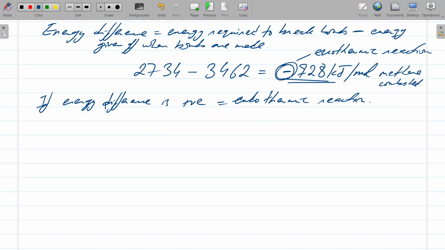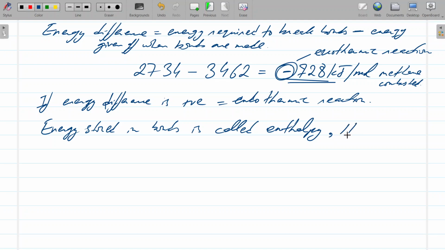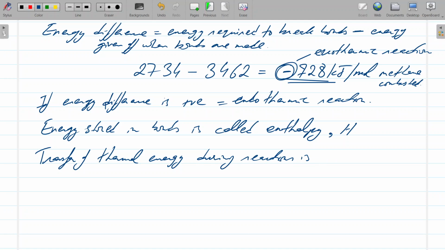Now, the energy in bonds is called enthalpy, and it is symbolized by an italic H. The change or the transfer of thermal energy during reactions is called the enthalpy change, and it is given with the symbol delta.